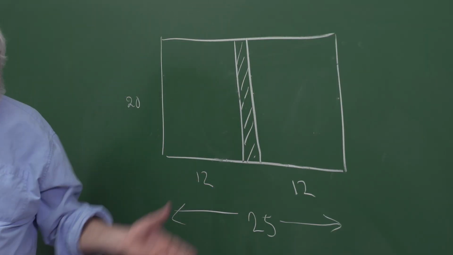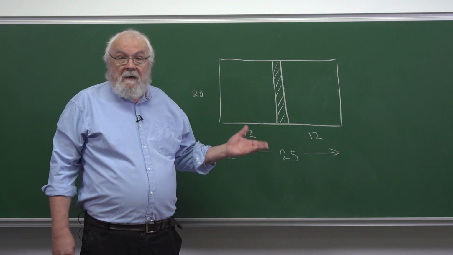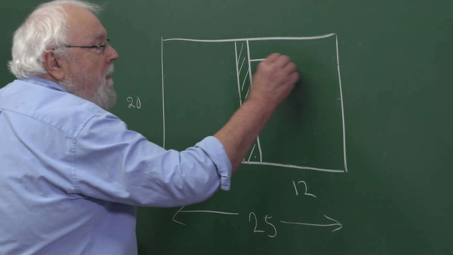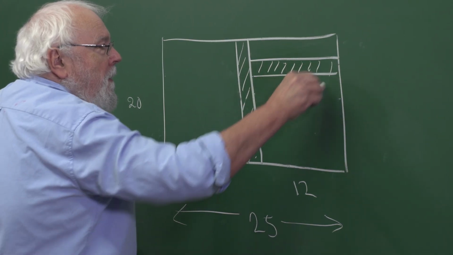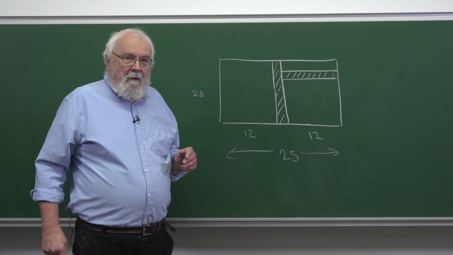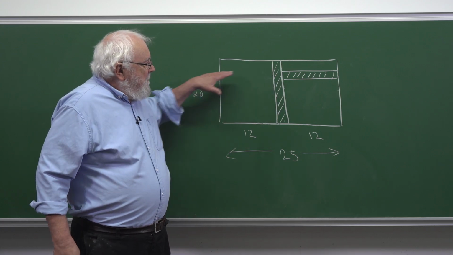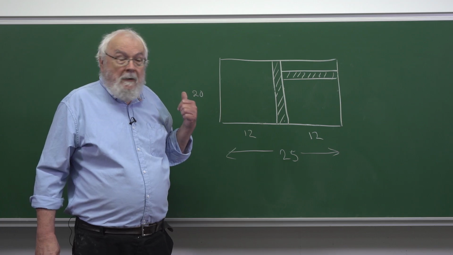So A begins by removing the central file. B does whatever they want to do. So for example, B might remove that file. Now, in the old strategy, A would then remove the corresponding file on the left-hand side, the reflection.